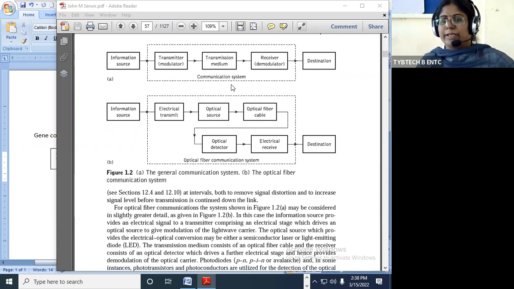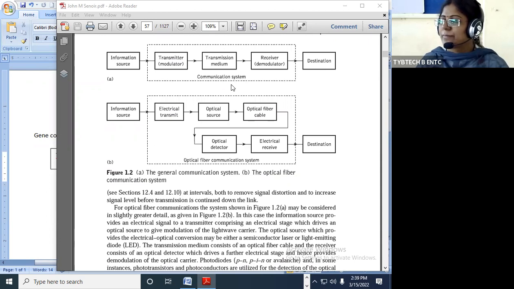Full stop. Next, OFC, that is optical fiber cable. Optical fiber cable carries the light information signal. Full stop.